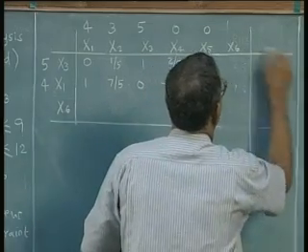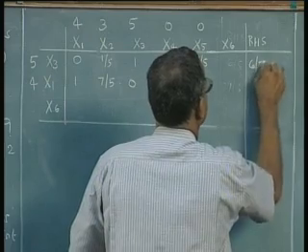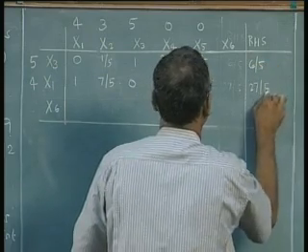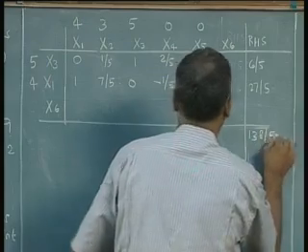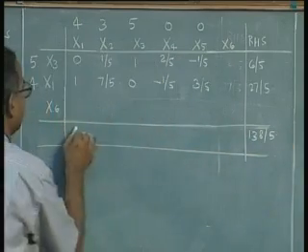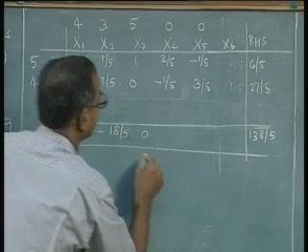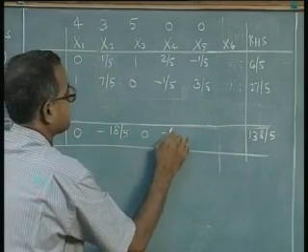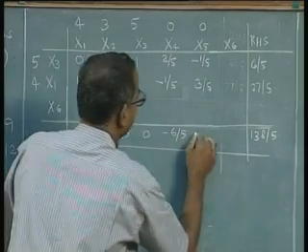The right hand side values will remain the same, 6 by 5, 27 by 5, 138 by 5. The Cj minus Zj values will remain the same, 0, minus 18 by 5, 0, minus 6 by 5, minus 7 by 5.